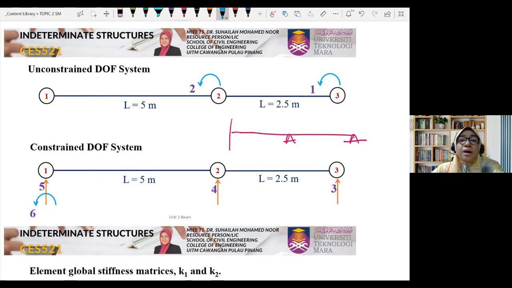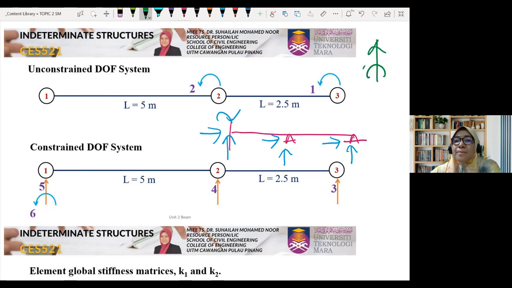So at node number 1, this is fixed. This is conventional, X, Y, Z. This is X and Y. But remember, in the stiffness method, we only count Y and Z.